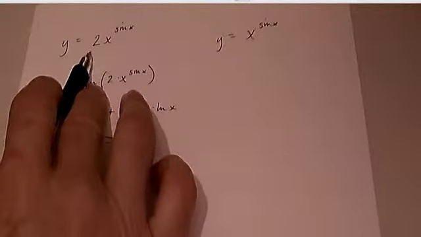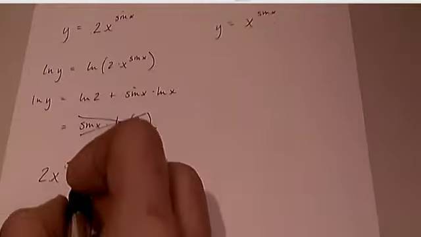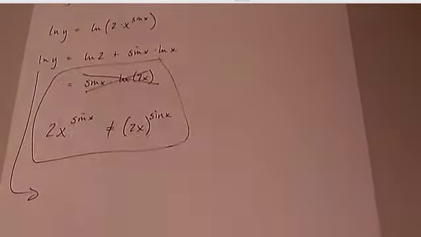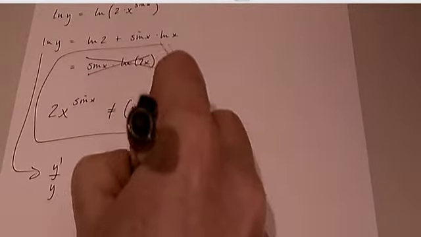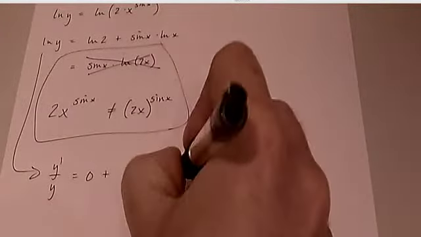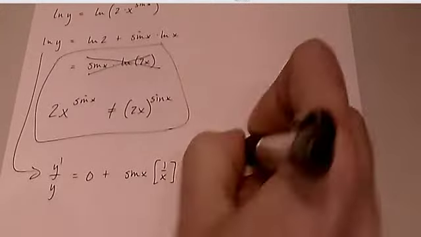And the 2 winds up being sort of kept around. So let's actually sort of box this up and let's bring it down here. y prime over y is equal to 0 plus sine x 1 over x plus cosine x natural log x.